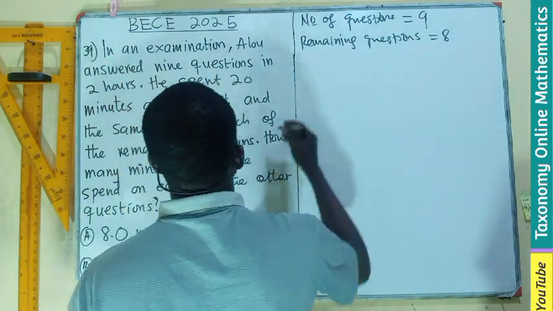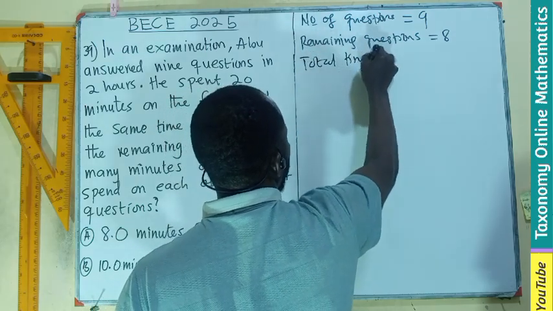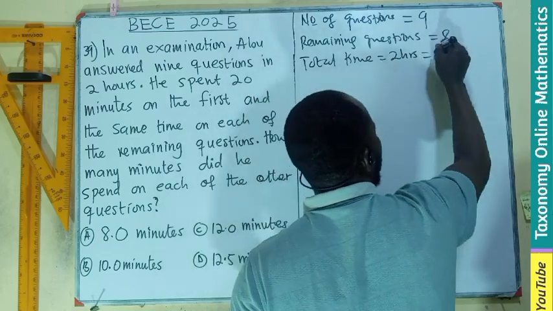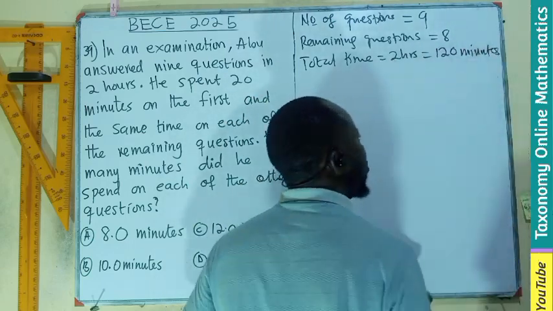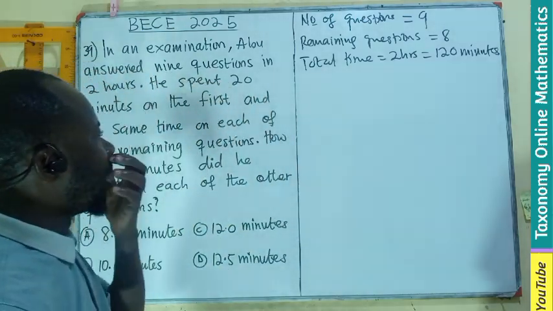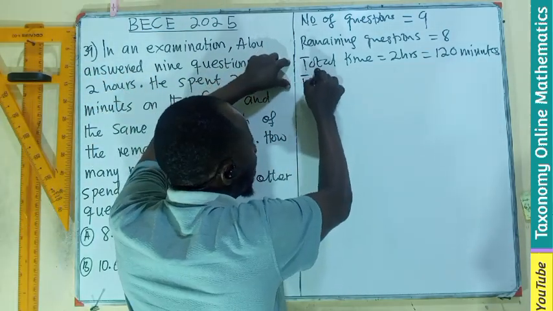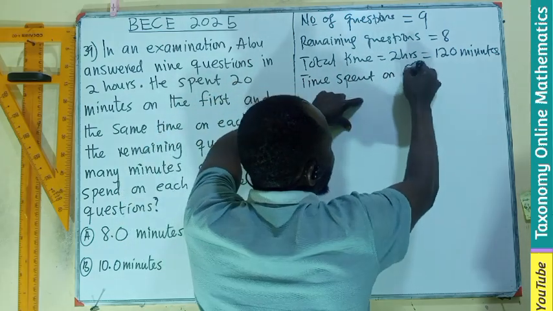Then we have total time, which is 2 hours, and in minutes will be 120 minutes. All right. Then time spent on what?